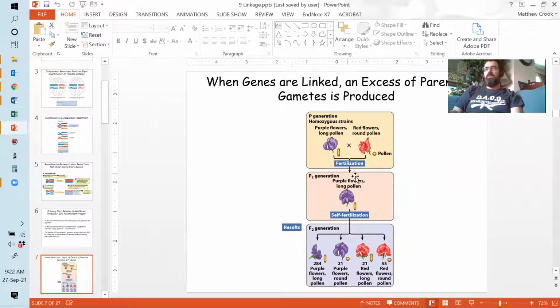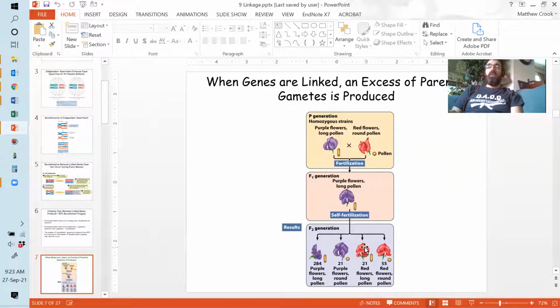So you see the parental ones, which are like purple flowers, long pollen, on the left, and red flowers, round pollen, on the right, as well as the recombinants, the combination of those two. But, and this is the key point, you see an excess of the parentals, or a reduction in the number of recombinants.